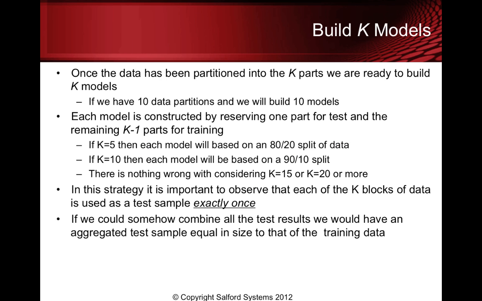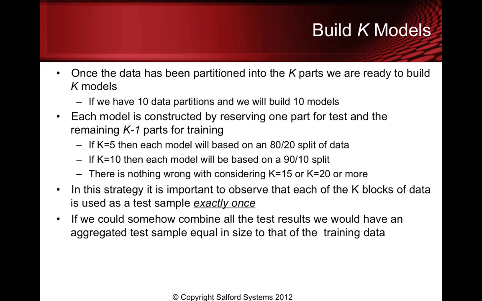Once we've divided the data into our 10 parts, we're now going to build an equal number of models. So if the data has been partitioned into 10 parts, we're going to build 10 models. Each model is constructed by reserving one part for test and the remaining parts for training. In this case, there'll be 9 parts for training, 1 part for test.